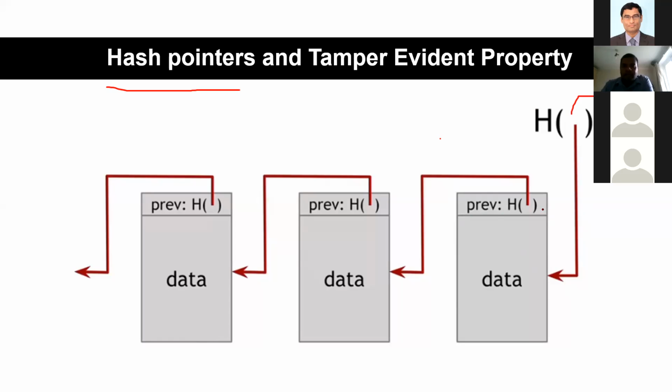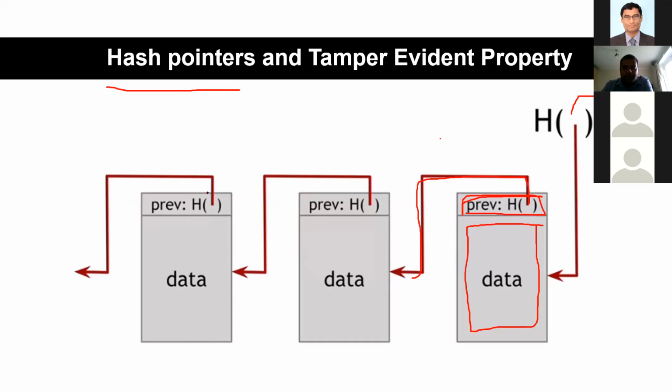They will repeat the hashing mechanism to link this. So this is the data we care about, and let's say this is the hash of previous data. Then we will take a hash of all of them, right?